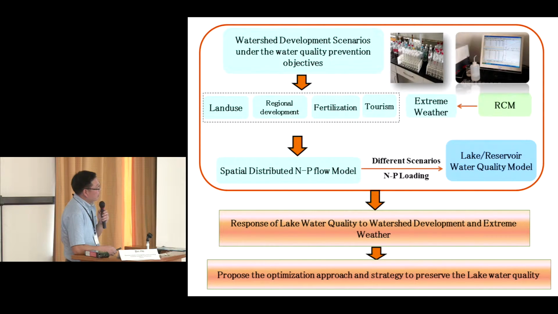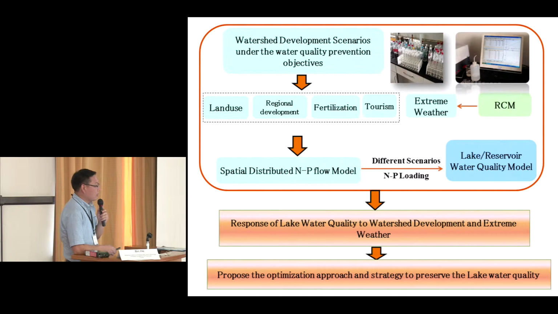After this, we will put in the regional climate model, the GCM model result, to see the extreme weather. Because from our monitoring data, we can find that in the season of flooding and also high temperature, the water quality somehow becomes more serious.